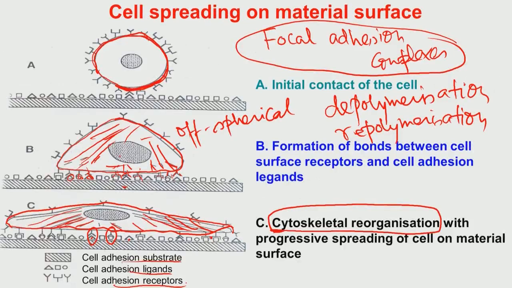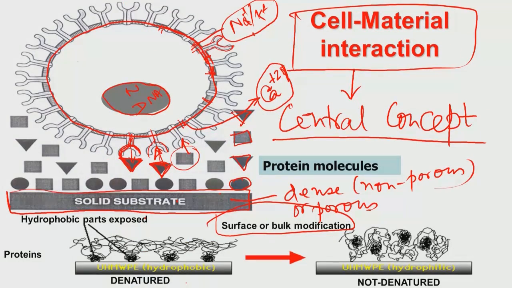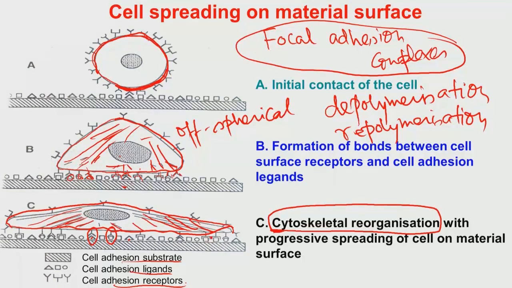Now, to summarize, you have the eukaryotic cells, truly nucleated cells. You also have the cytoskeletal reorganization process, dynamic cell shape changes, focal adhesion complexes formation, and cell adhesion takes place.